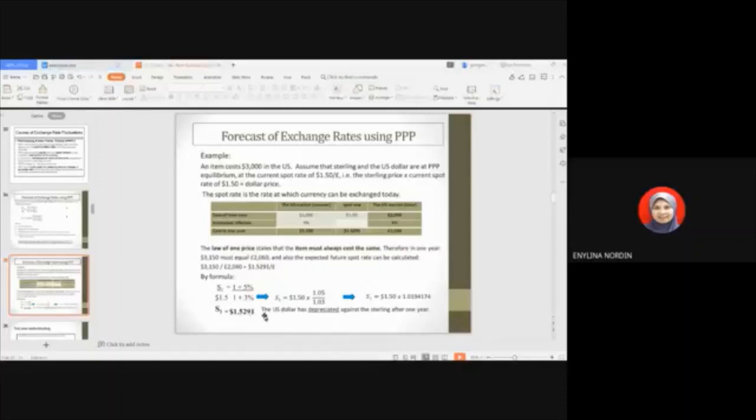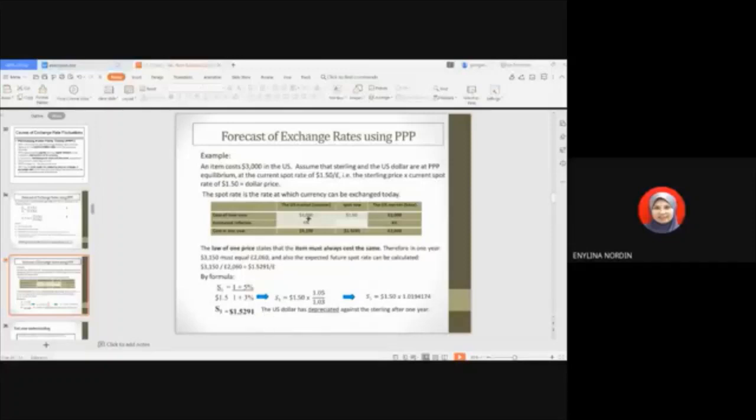That means the US dollar will be depreciated because you have to pay more dollars in order to get 1 pound. So US dollar will be depreciated in 1 year's time.